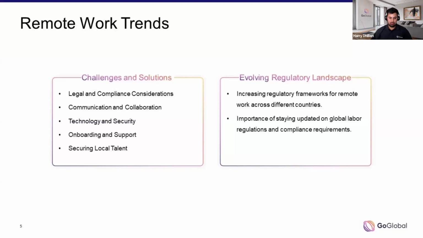However, there are legal and compliance areas to consider when hiring in different countries. There are different employment laws, there are different tax burdens that trigger. And also in certain countries, you have severance and termination procedures to follow.